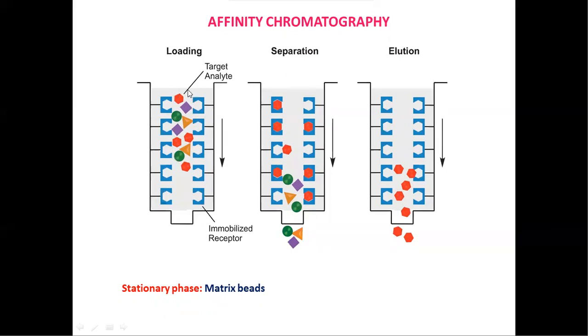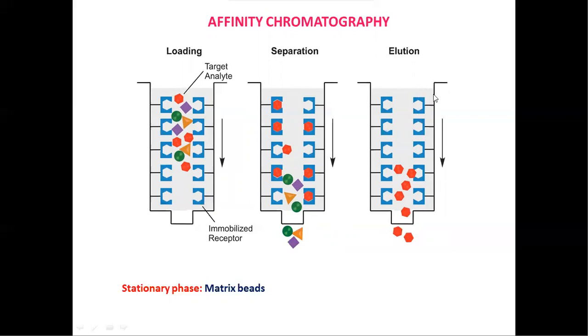The sample components have different sizes. But if you see, the red color spot has more affinity towards these matrix beads. Due to affinity, these hexagonal sample components will easily attach to the stationary phase matrix beads, and we can easily separate other compounds which have other shapes.